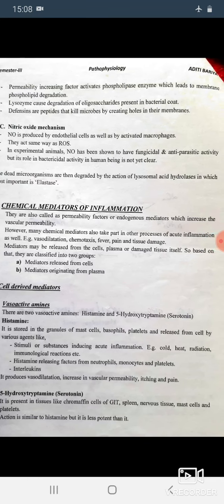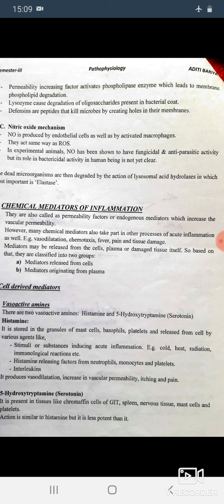The permeability increasing factor activates the phospholipase enzyme, and phospholipase, as the name suggests, breaks the phospholipids, and phospholipids are present in the cell membrane. So when cell membrane phospholipids are dissolved, pores are created in the cell membrane, which increases the permeability. So like that, permeability increasing factors do not require oxygen.